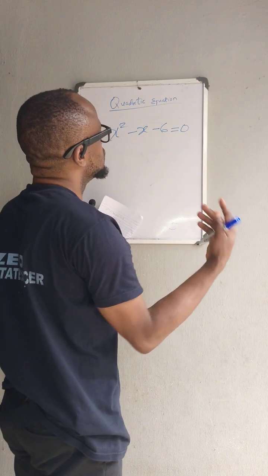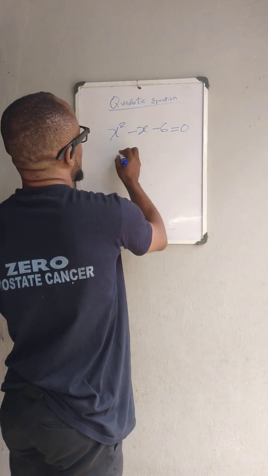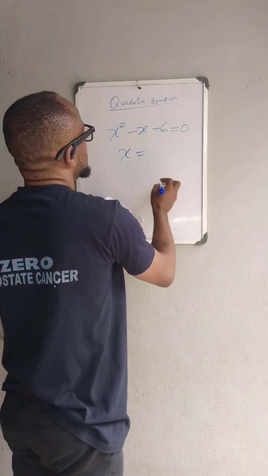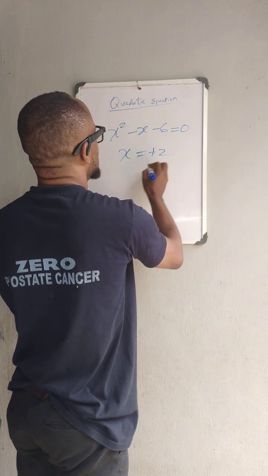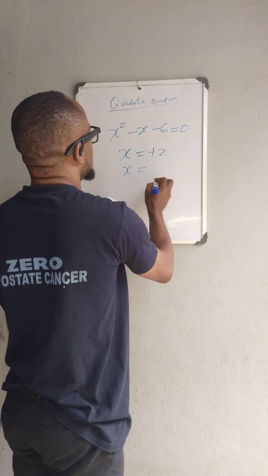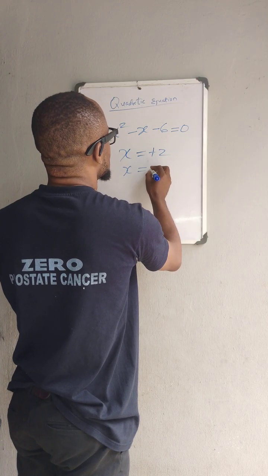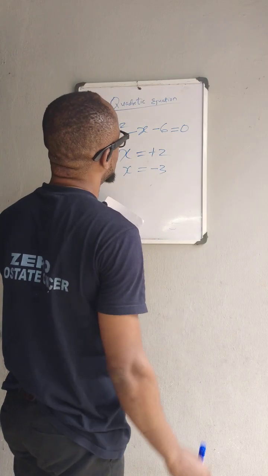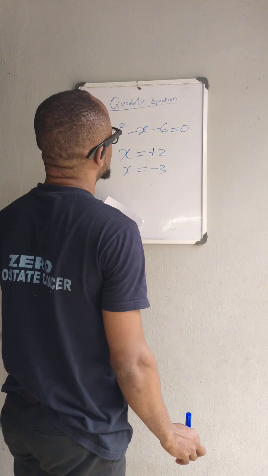So if you want to go through the first method, you can just say x equal to plus 2, x equal to minus 3.